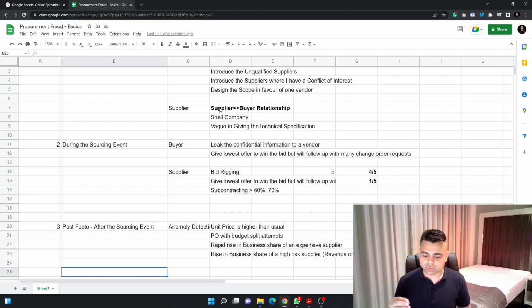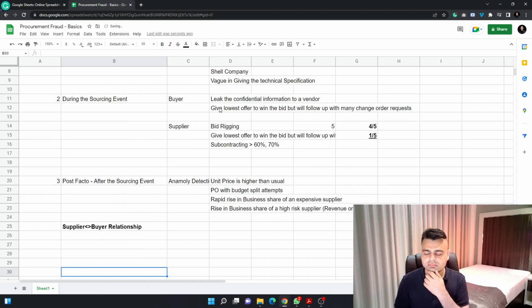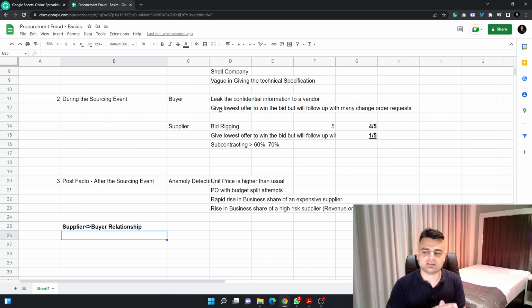Coming back to the supplier buyer relationship, this has worked for me quite effectively, because for me this is the last final check before I can statistically determine, I think something fishy is going on from this transaction, let's explore forward.